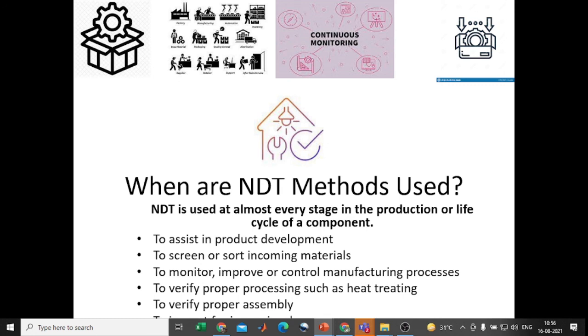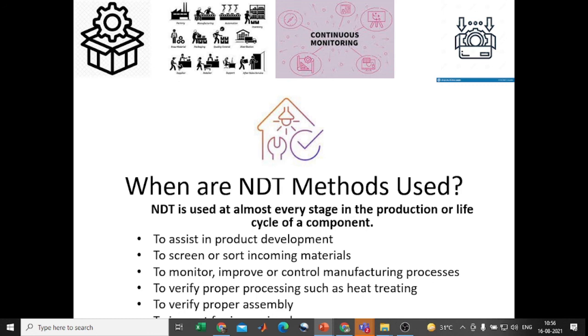For example, if I want to produce the steam drum in boiler manufacturing, the plate is the raw material for the steam drum. The plate has 70 mm thickness. If there are any inside voids or inside cracks in the material, I can examine them with the ultrasonic test. Based on that test examination report only, I can go on to bend or roll the sheet metal into a drum.